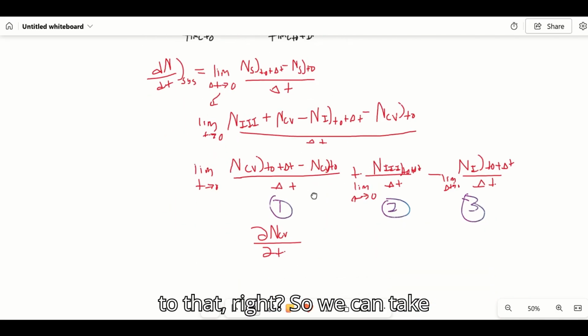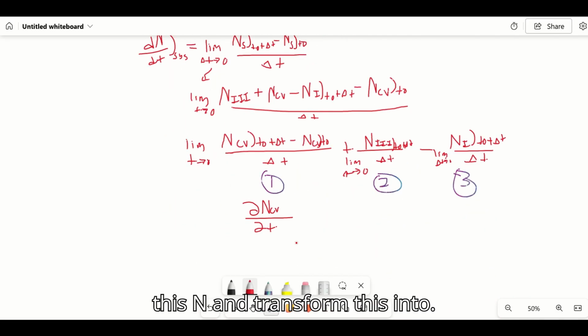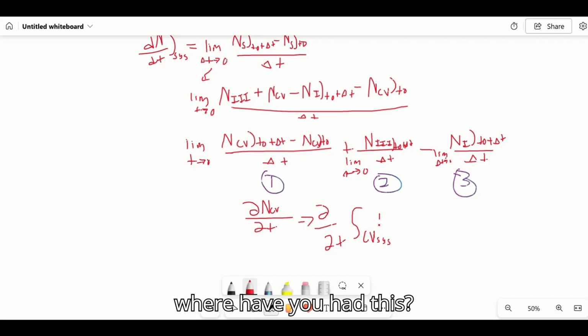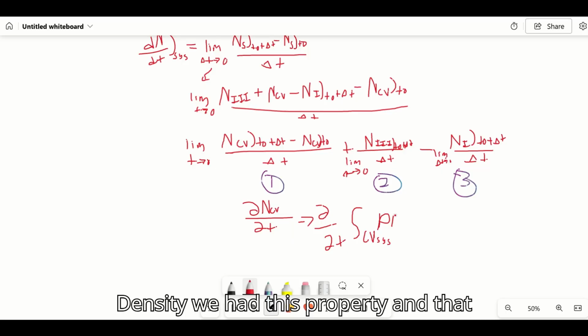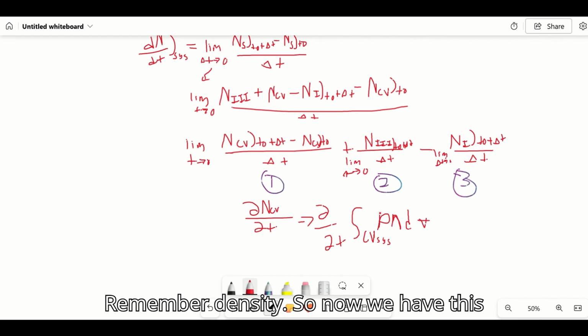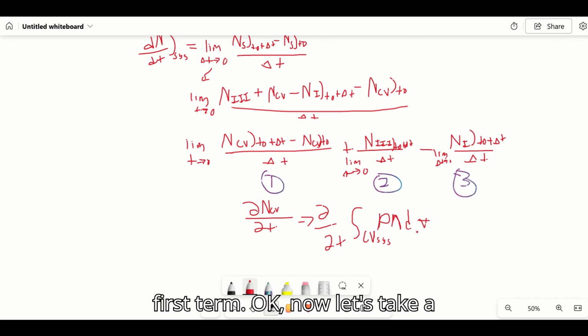So we can take this N and transform this into the control volume integral, with the density, the property, and the velocity. So this is rho, remember density. So now we have this first term, okay?